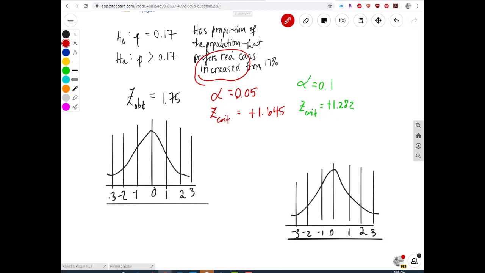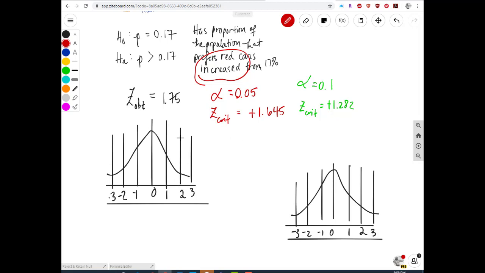I went ahead and wrote down the information for an alpha of 0.05, the z-crit for an alpha of 0.05 for a right one-tailed hypothesis is positive 1.645, and I did the same thing for an alpha of 0.1, and in that situation, the z-crit for a right one-tailed hypothesis test is positive 1.282. So let's do the 5% alpha first.